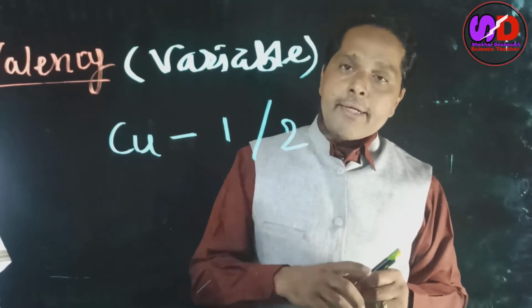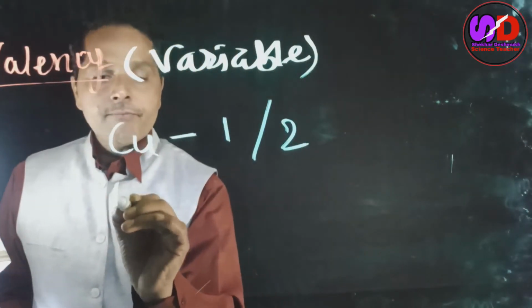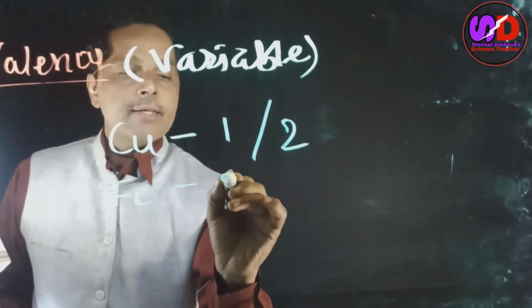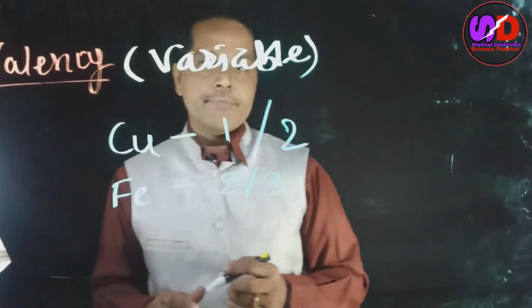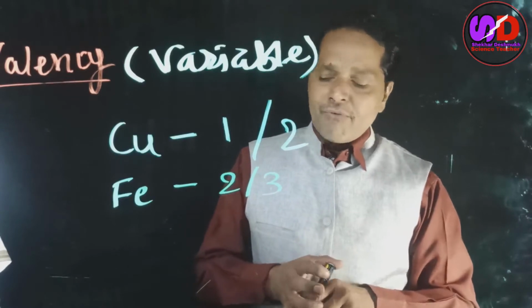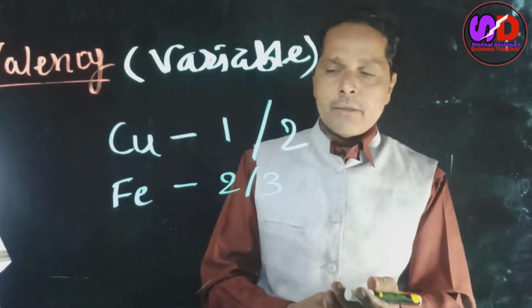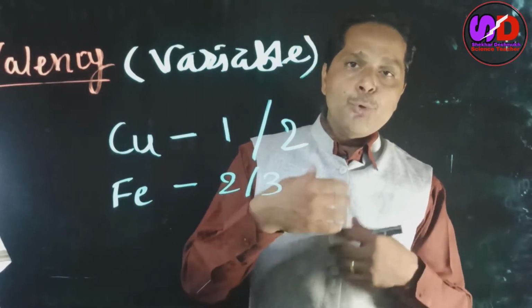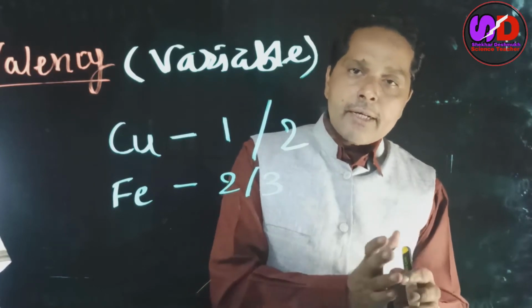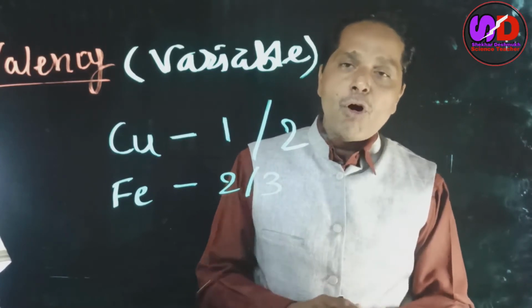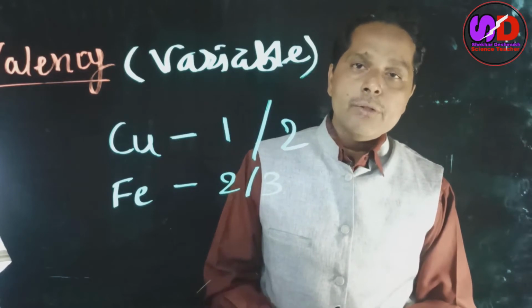Like copper, iron, Fe, also has valency 2 or 3. Ferrous, ferric, cuprous, cupric: these are the ions formed after donation of electrons.